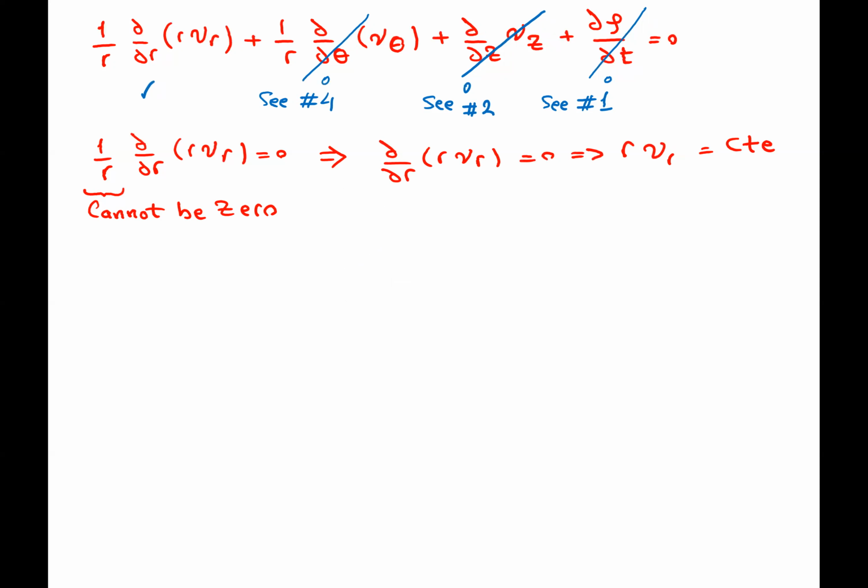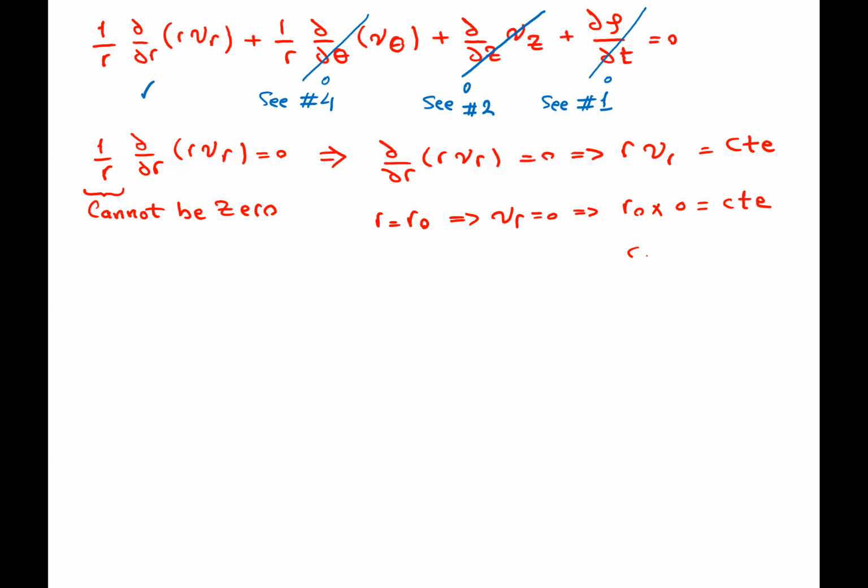Now, to find out what that constant is, we can assume that r is equal to r_out, meaning that we are at the surface of the outer cylinder, and then we know that when we are at the surface of the outer cylinder, velocity is 0 because the outer cylinder is stationary. So v_r is 0, and we know that r v_r is always constant. So r_out multiplied by the velocity at r equal to r_out, which is 0, is equal to that constant.